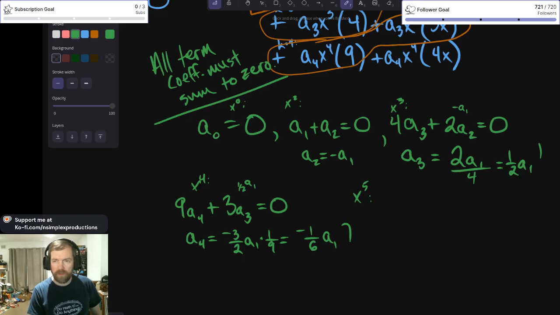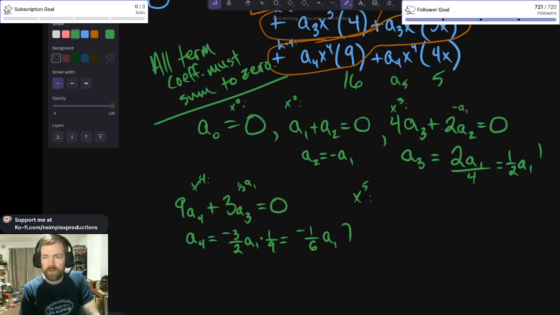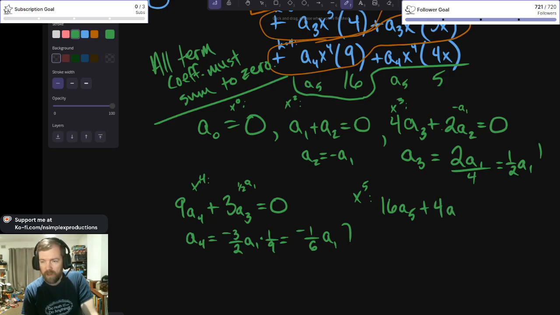X to the 5th. So we could do the same thing here. This is going to increase to 16, and this is going to increase to 5x. This is going to increase to a 5, and this one is, oh, whoops. Right, never mind, that's that way. So with x to the 5th, we have 16 a sub 5 plus 4 a sub 4 must be equal to 0. Divide both by 4.